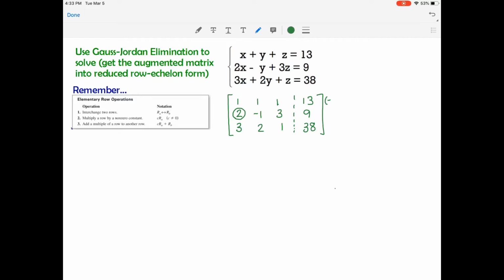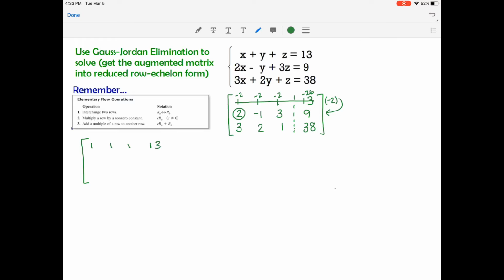I think multiplying the top row times -2 and adding it to the second row would be a good idea. And if you just want to keep track, you can either do this off to the side, or I'll just show that I'm going to multiply this row by -2 right here. And so then I'm going to add that to row 2. Now when I write my new augmented matrix, I'm going to keep that top row unchanged.